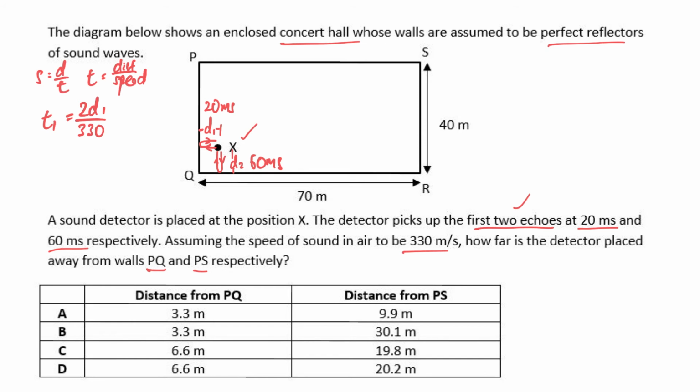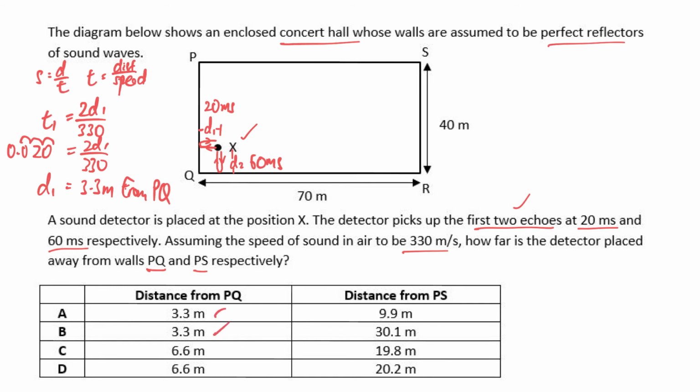You can find that the time here is 20 milliseconds, and take note it is 0.02 seconds. So if you solve for D1, the distance will be 3.3 meters from PQ.